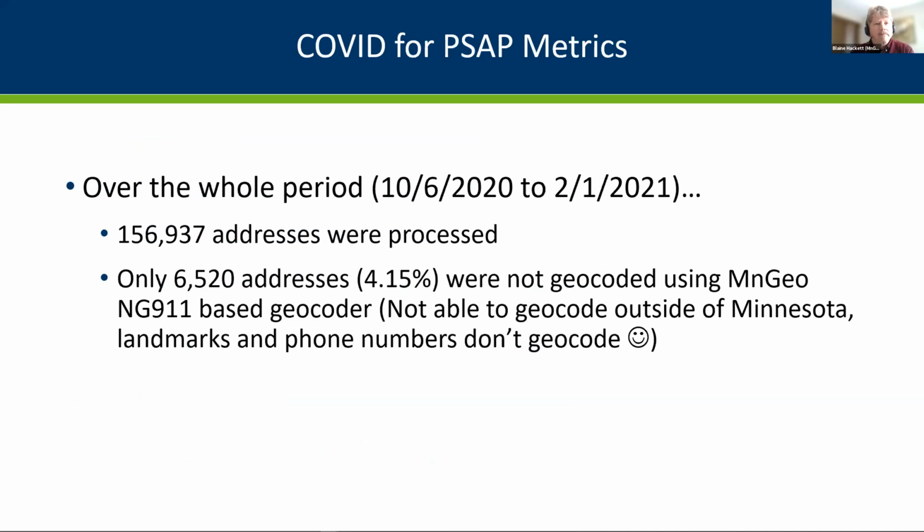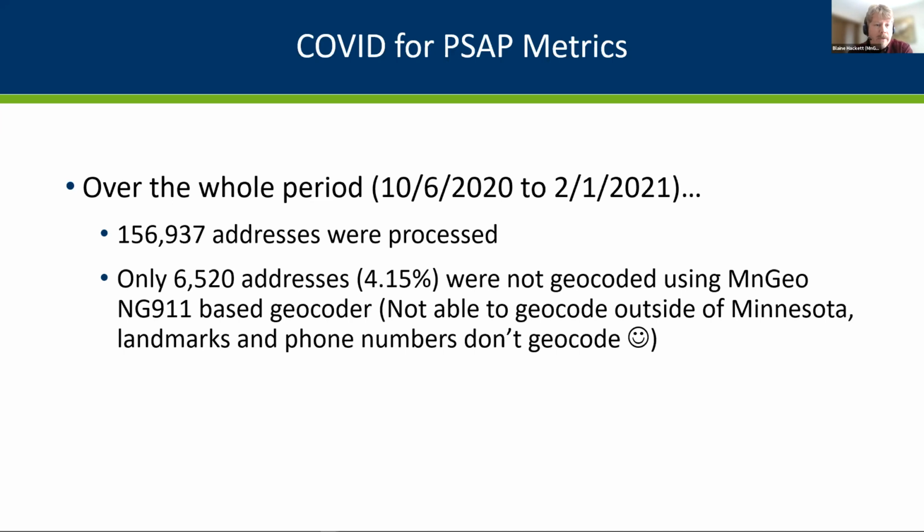Thanks, Bill. So, of course, this project had to do with geocoding addresses. It was a period from October to February, and over that period, over 156,000 addresses were processed. This was an automatic process, and of course, you always have to worry about the formatting.